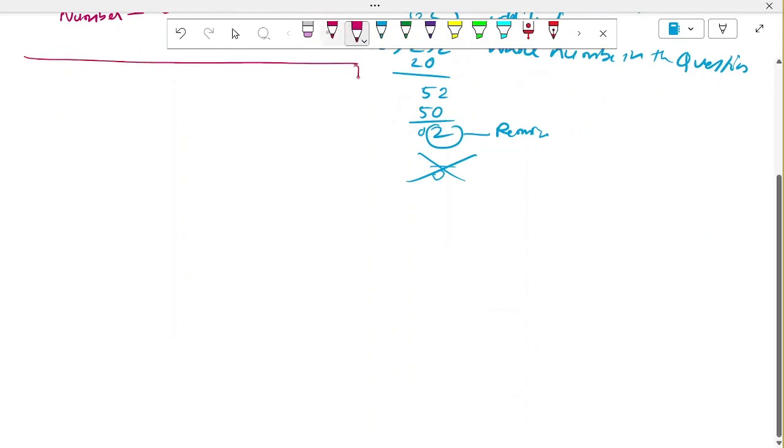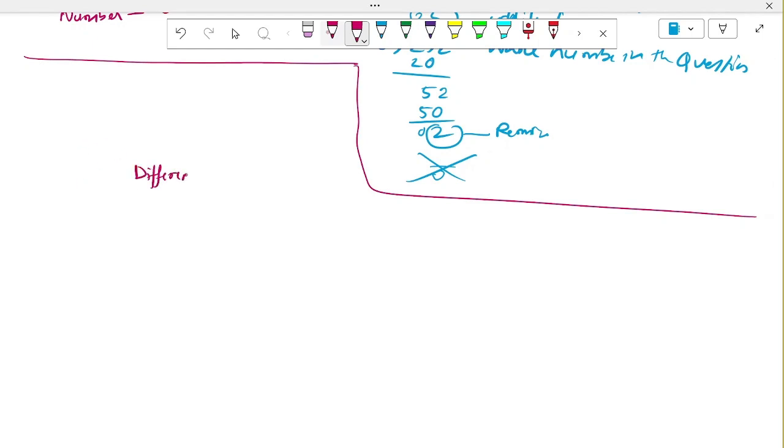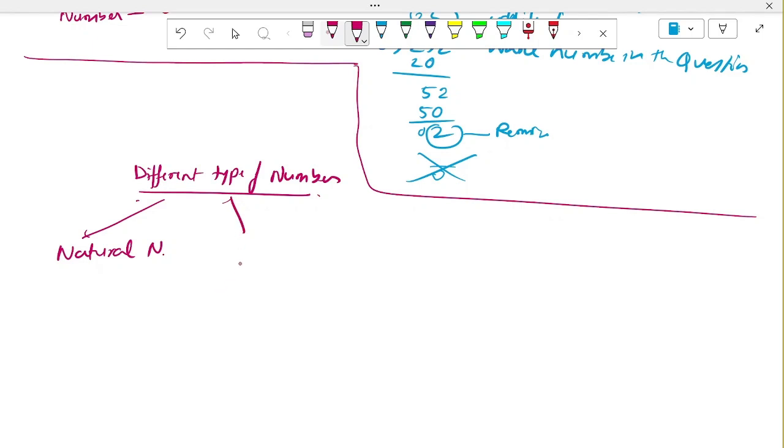Now we'll go to the next part: different types of numbers. There are various groups or sets of numbers like natural numbers, whole numbers.